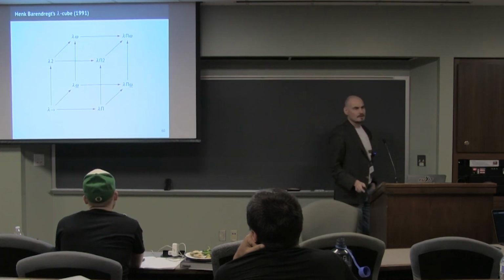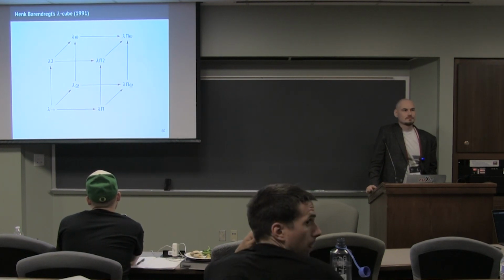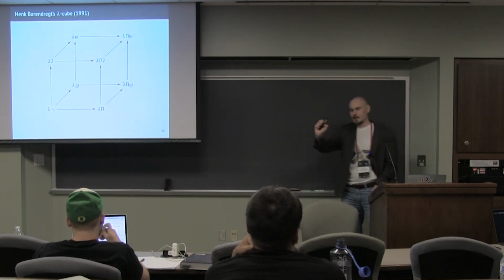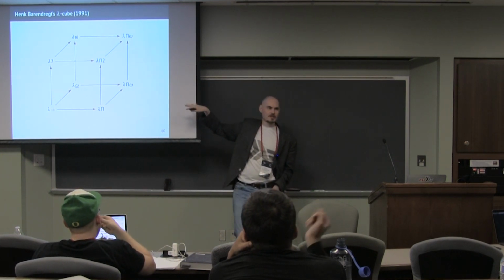Question. When you have types that depend on values and values that depend on types, don't you already have types that depend on types? Technically, yes. But by the way, it's a very interesting picture.